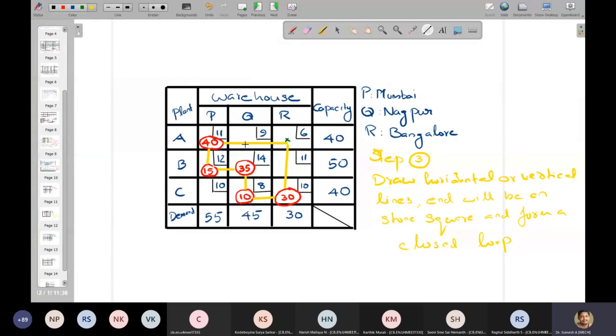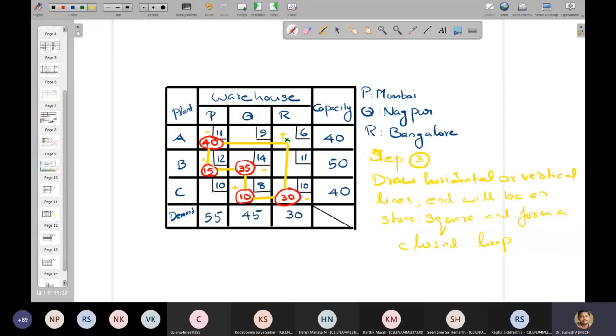So this is plus, this cell becomes minus, this cell becomes positive, this cell becomes minus, this cell becomes positive, this cell becomes minus. Whether you rotate clockwise or anti-clockwise, the method of signs remains the same.